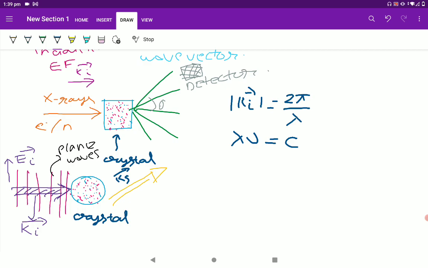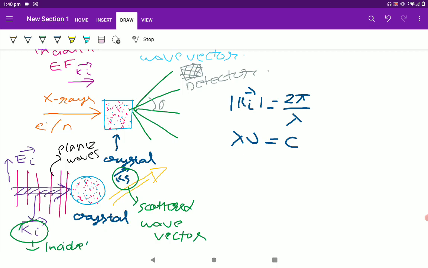So after the interaction with the crystal, if we measure in some direction, this is the scattered wave vector, and this is the incident wave vector. So we will have the wave going in the indicated direction with the wave vector Ks after the interaction with the crystal.